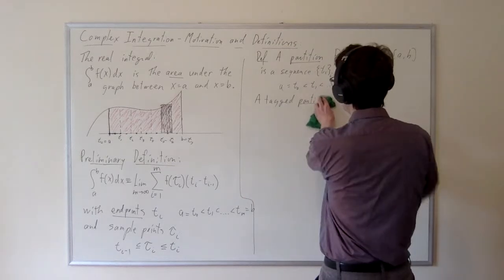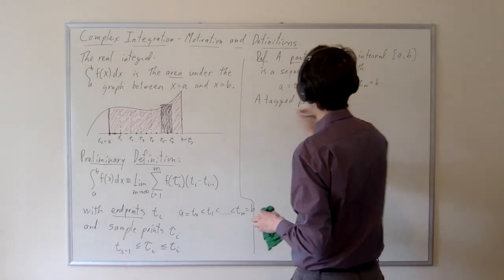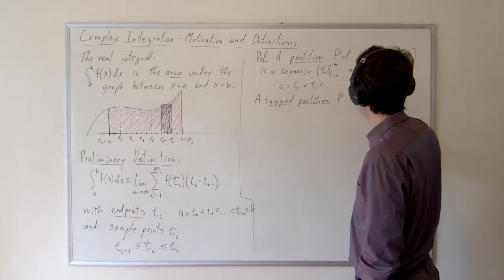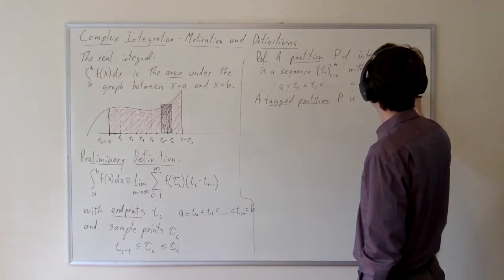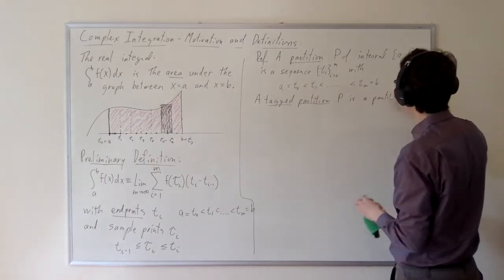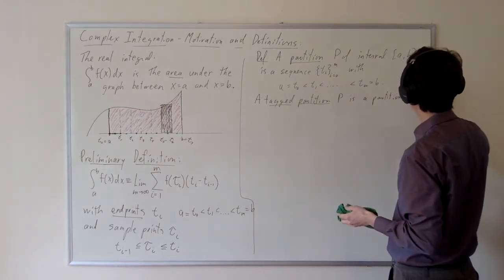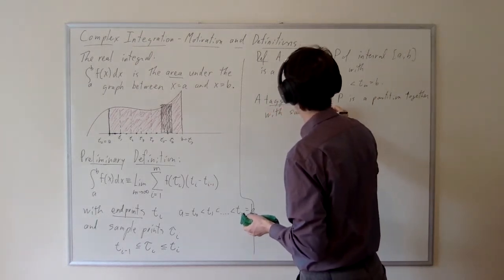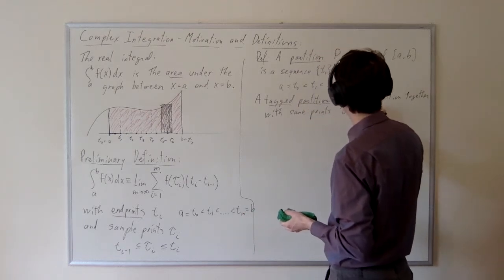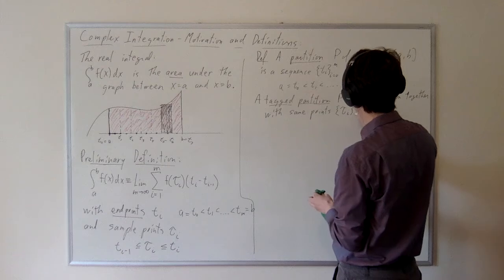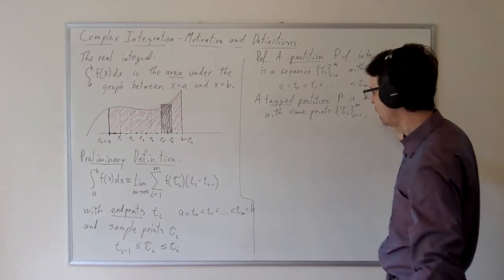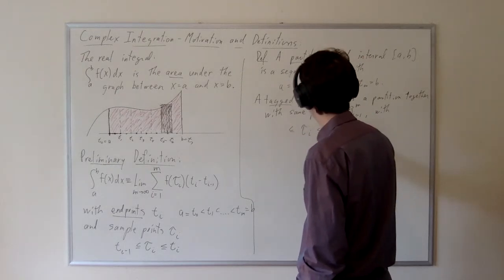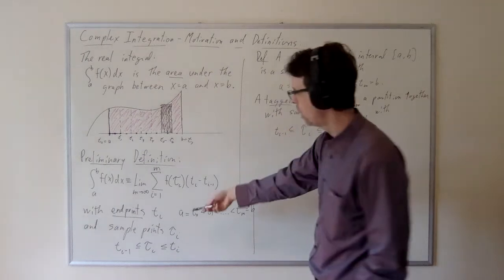A tagged partition P, and I'm going to use the same notation for a partition and for a tagged partition, so hopefully that won't cause confusion, is a partition together with sample points tau_i, where again i ranges from 1 to m, and the idea is that tau_i is going to lie between t_i and t_(i-1), just as happened before.